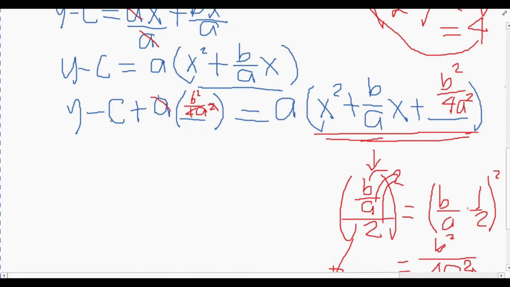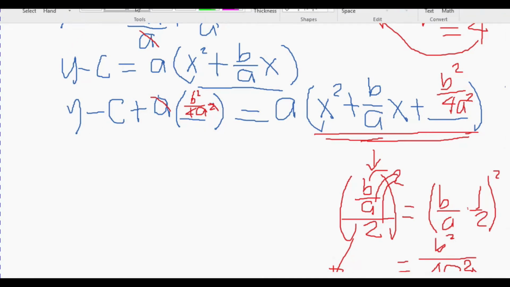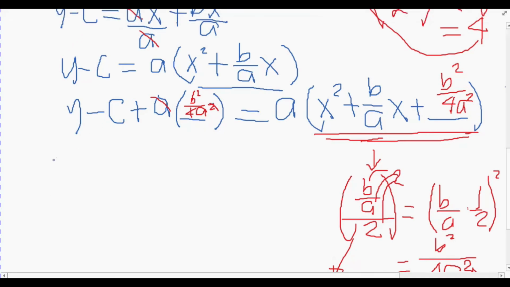So we simplify further. So this will become now y minus c plus b squared over 4a equals, and then we will express this as square of binomial.